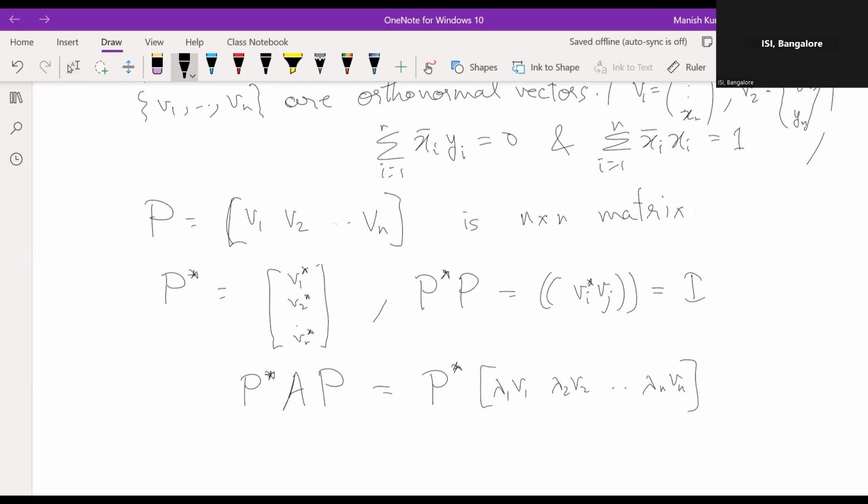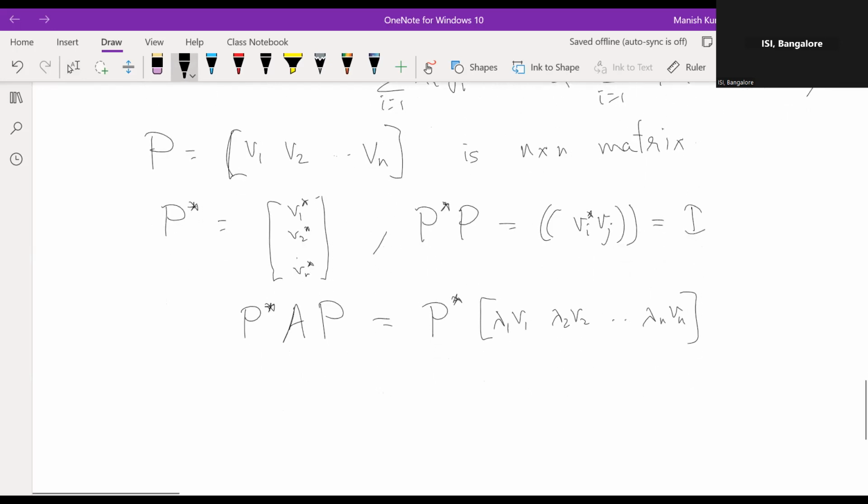And if you now multiply P star with this, you get, let me write it in the same notation, lambda j times Vi star Vj.